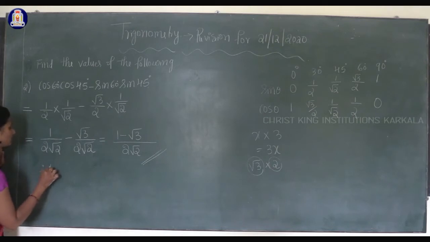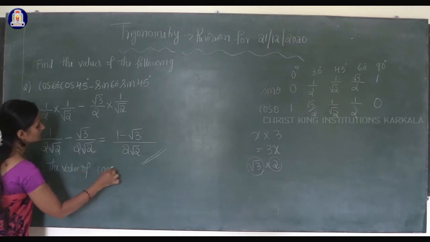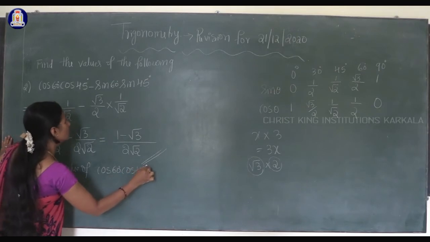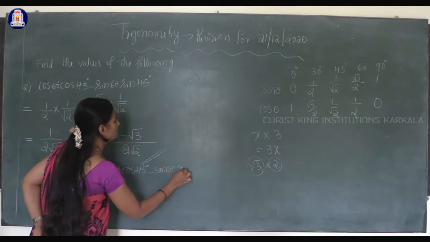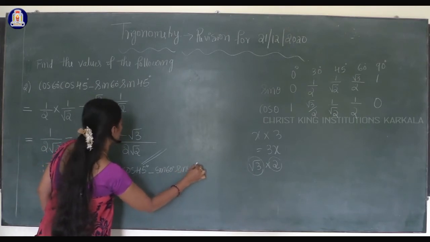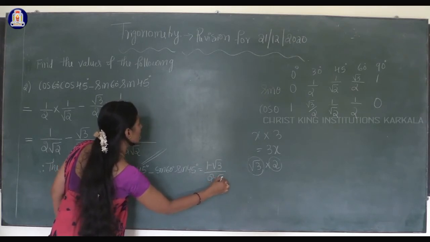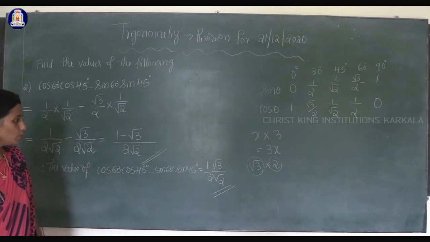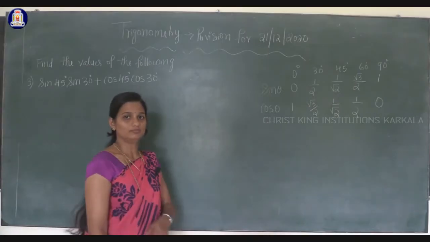So therefore the value of cos 60 degree cos 45 degree minus sin 60 degree sin 45 degree is 1 minus root 3 divided by 2 root 2. Important for 2 marks. Next question.